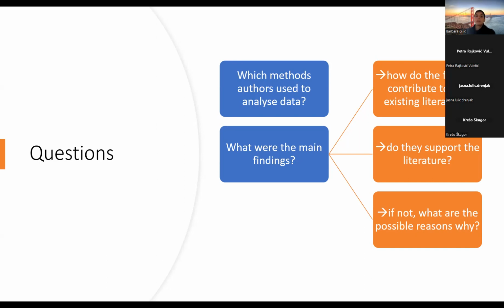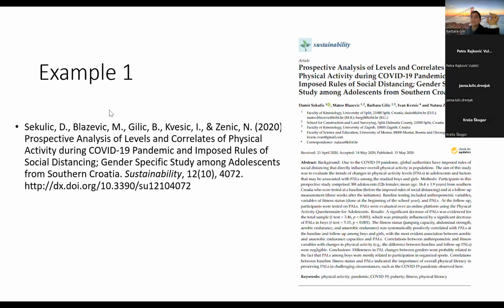And if we didn't have the positive answer on that research question, we will have to give possible reasons why we didn't have it. So that's the main point of this stage of the data analysis.